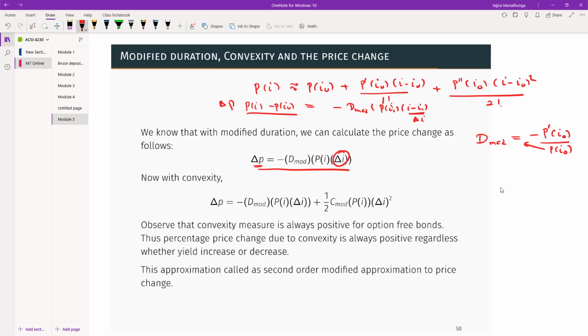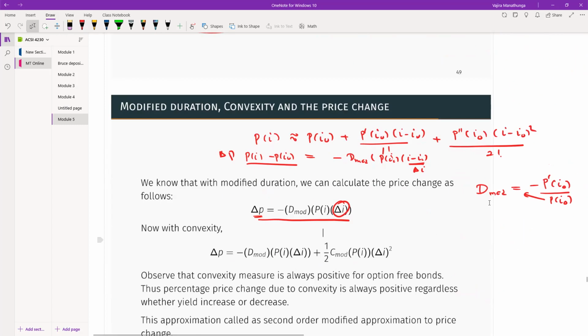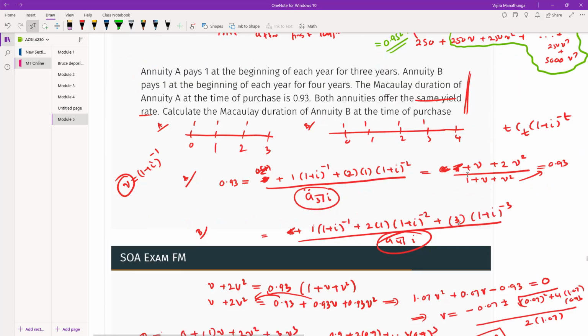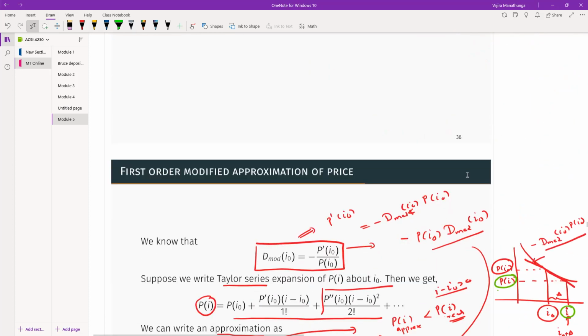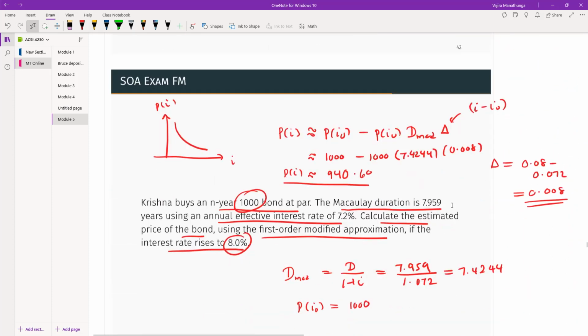Now you can expand that formula to the second derivative. Here up we have the modified duration defined that way. Let me go back and show you the formula here. We are basically cutting off from this point onward, so we are only using these terms.